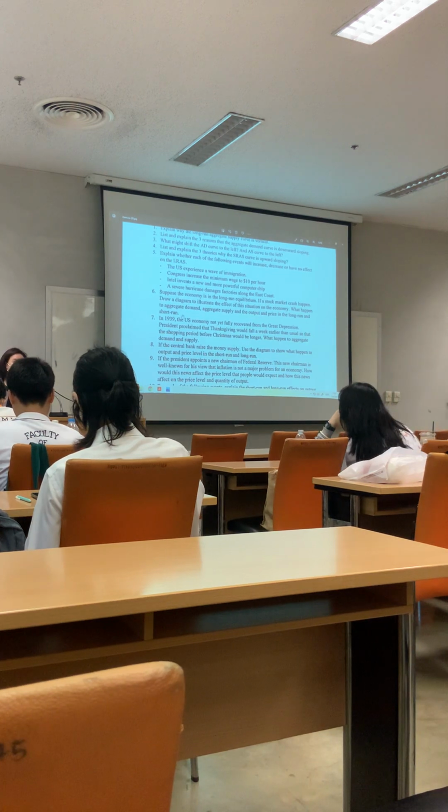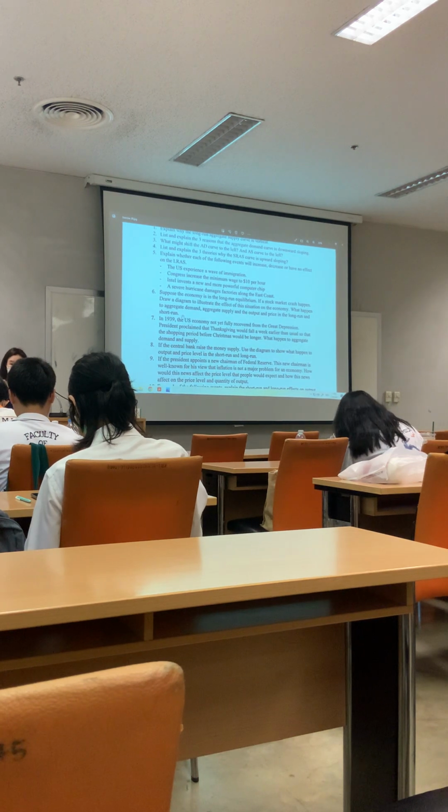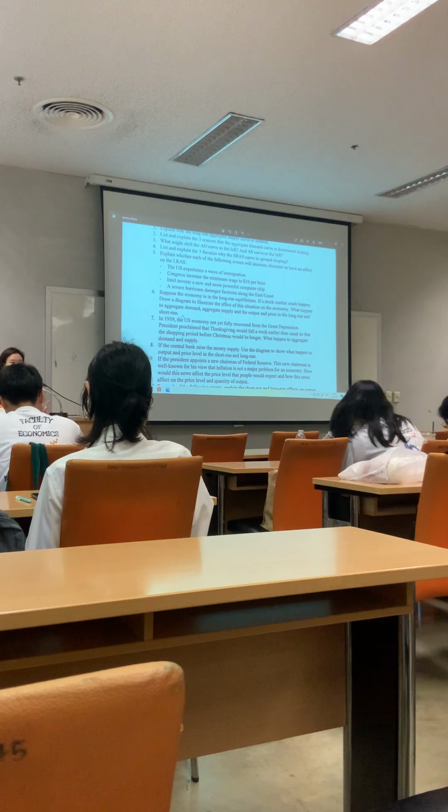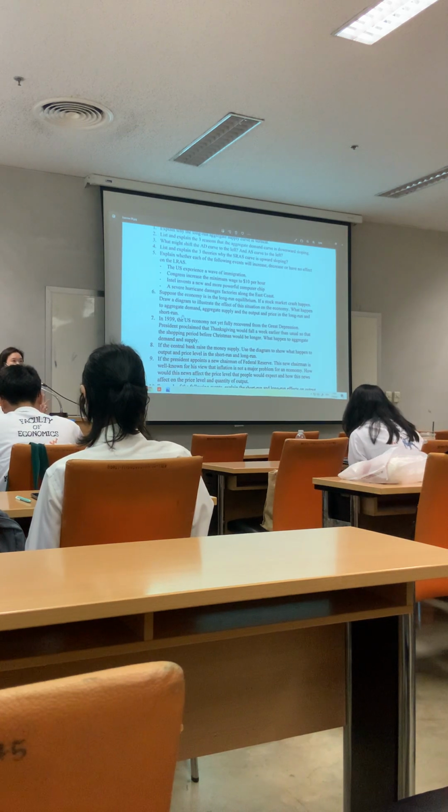Stock market crash, what is the stock market? It is portfolio investments. So the keyword is investment, right? So what graph shifts first? AD or AS? AD, definitely AD. AD increase or reduce? Stock market crash.